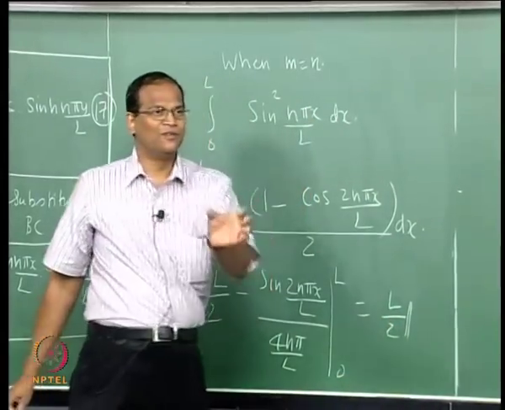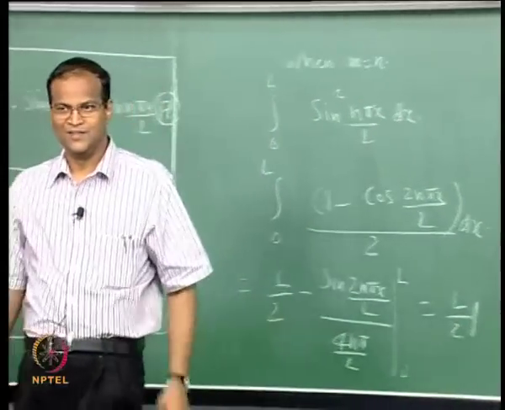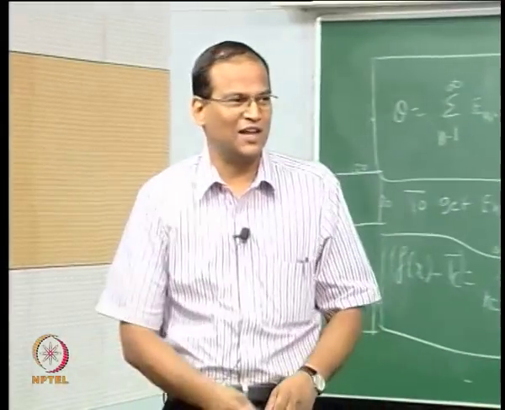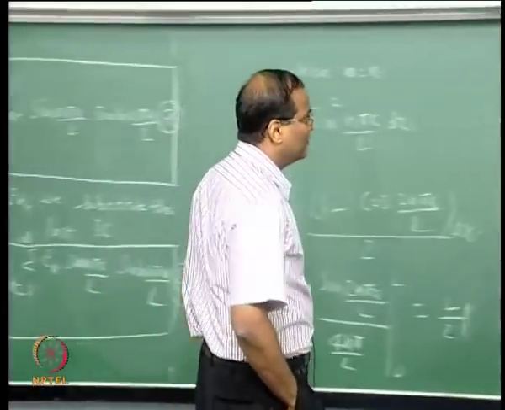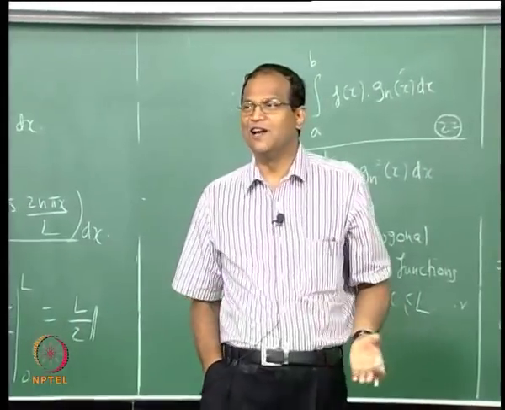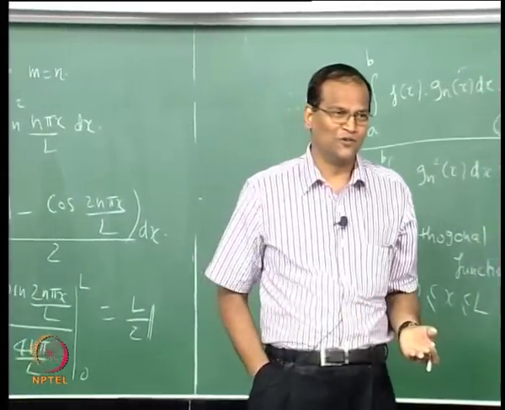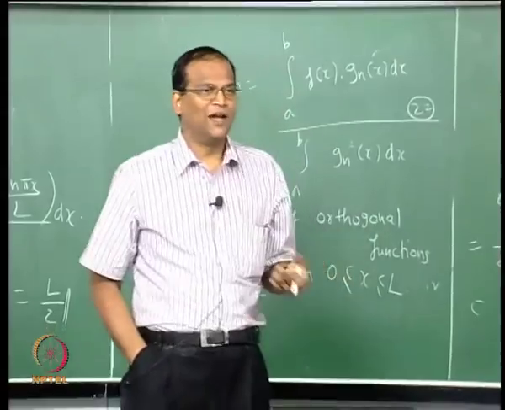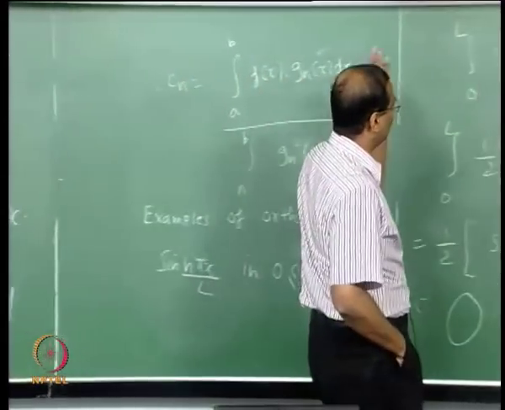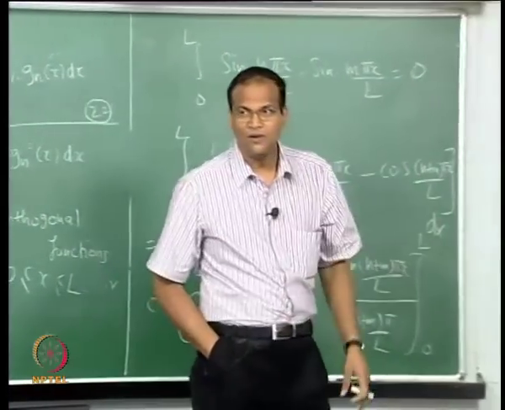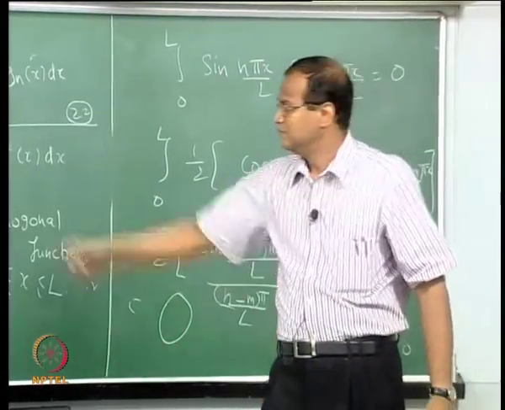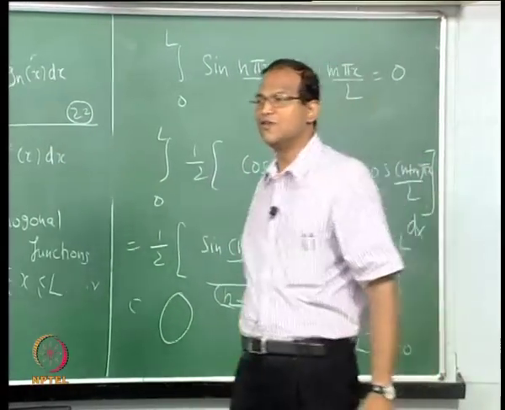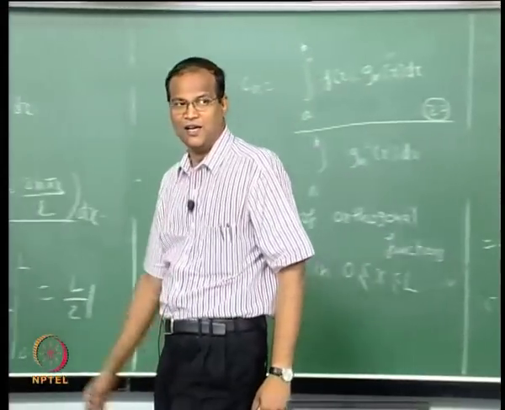What is L by 2? Half width of the slab. That integral is nothing but the half width of the slab if you translate it to our original problem. Therefore here is one function, sin n pi x by L, which is ideally suited for us: sin n pi x by L into sin m pi x by L, integral 0 to L is 0, and when m is equal to n it is non-zero. Therefore it is possible for us to exploit this property of orthogonality.